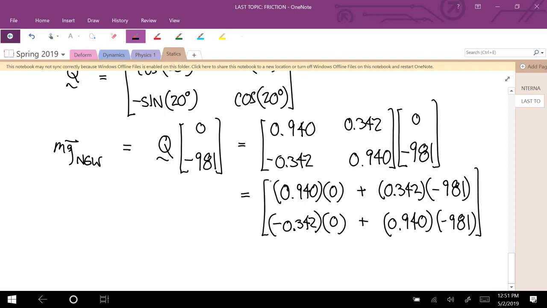And can someone please calculate those for me? Yes. So the weight force in the new coordinate system is negative 335, negative 921.8.